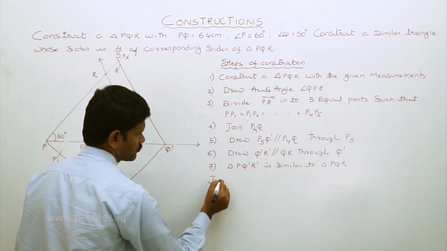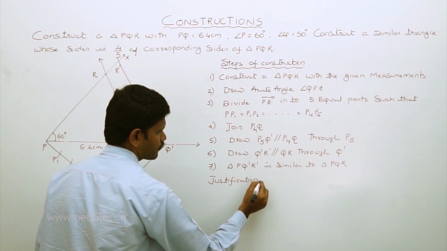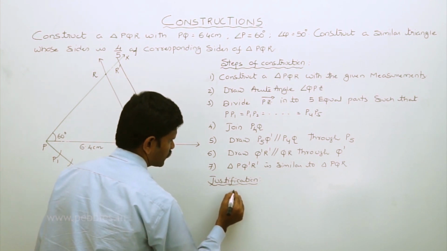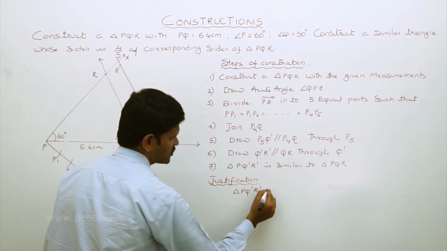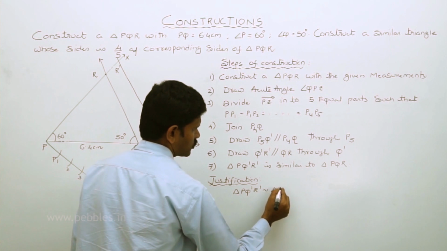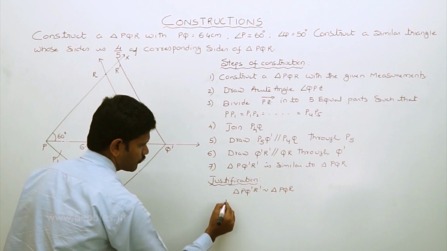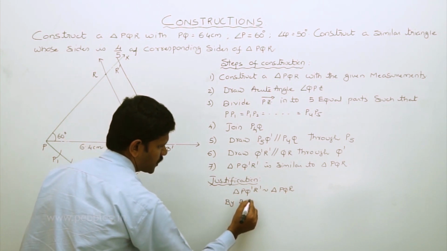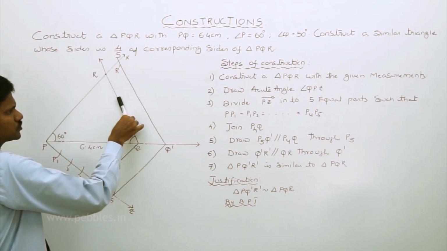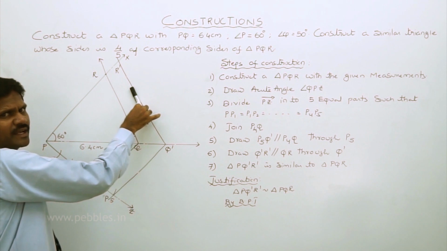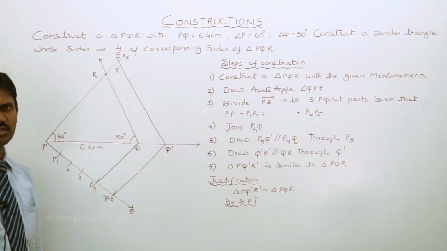Justification: since triangle PQ'R' is similar to triangle PQR, then by the basic proportionality theorem, if a line is drawn parallel to one side of a triangle, this line divides the other two sides in the same ratio.